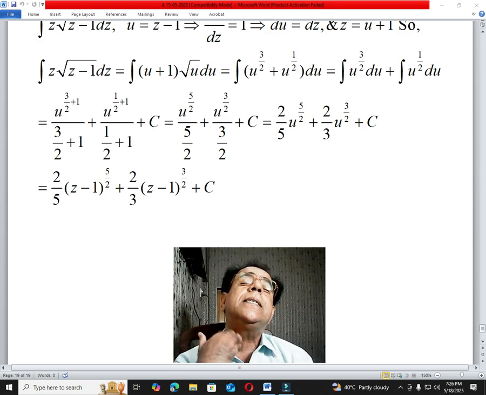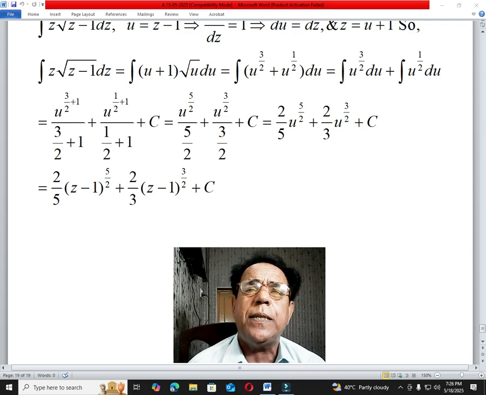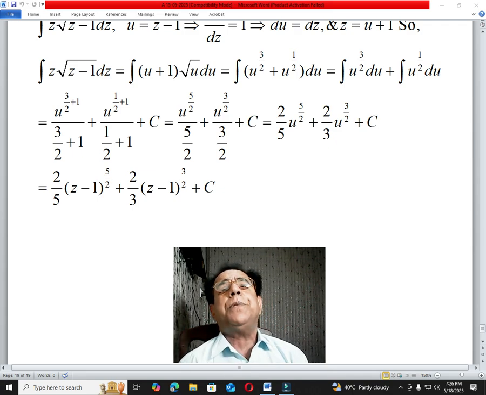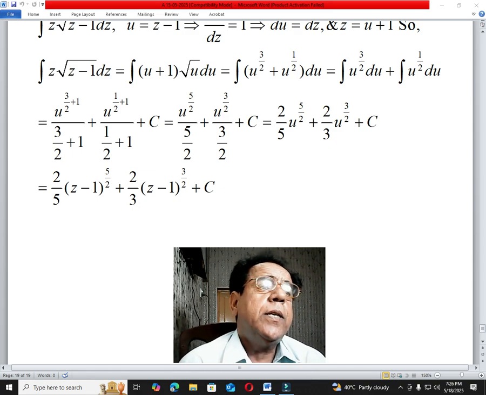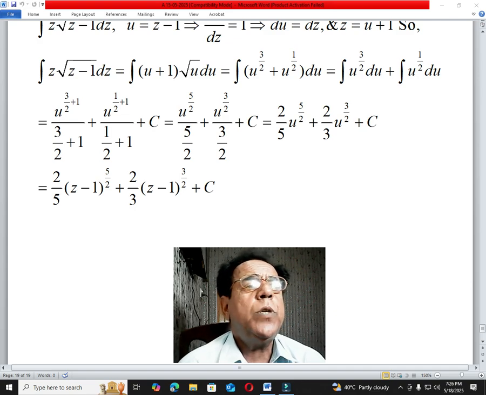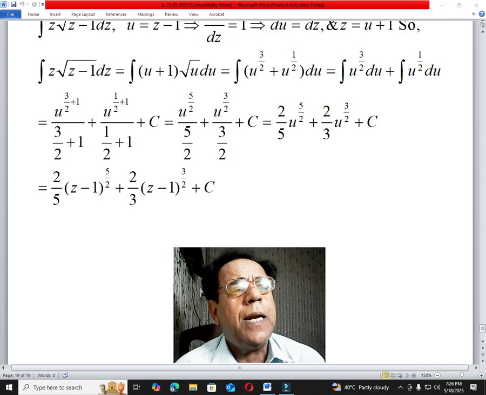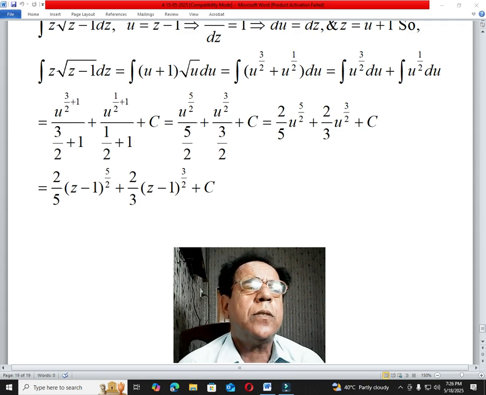This trend will apply on both these terms, and simultaneously a sign of integration will also be added as per rules of integration. So we will get u raised to power 3 by 2 plus 1 over 3 by 2 plus 1, plus u raised to power 1 by 2 plus 1 over 1 by 2 plus 1, plus the integration constant c.